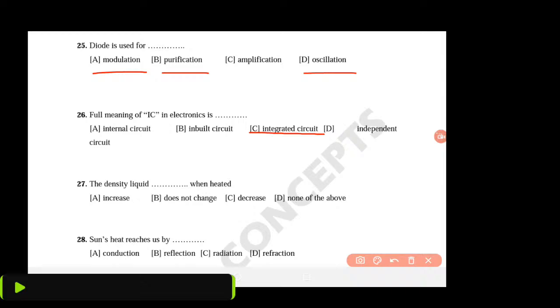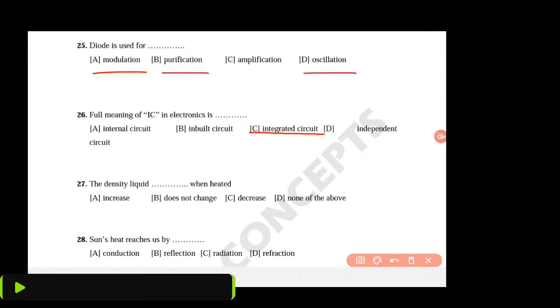Okay, question number 27 says the density of liquid is dash when heated. The density of liquid always decreases when heated.